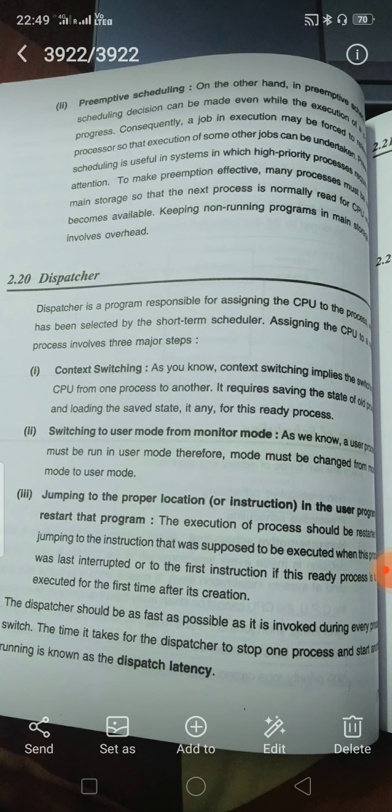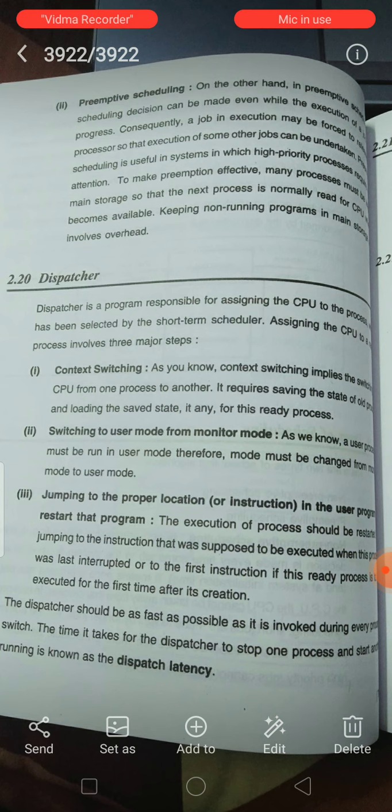Preemptive scheduling is useful in systems in which high priority processes require rapid attention. To make preemptive scheduling effective, many processes must be kept in main storage so that the next process is normally ready for the CPU when it becomes available.